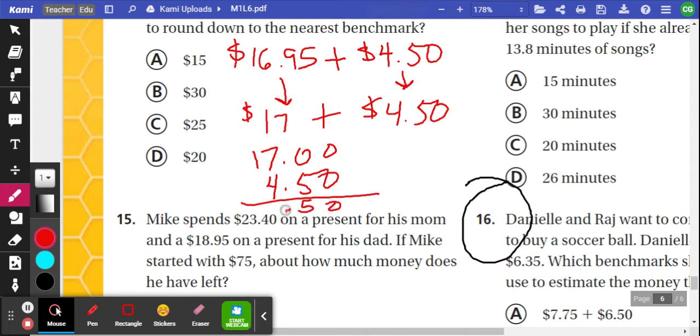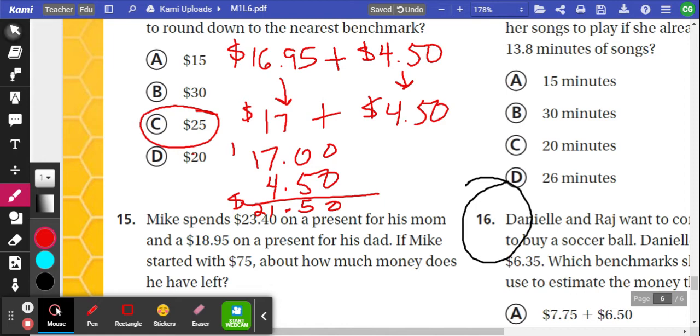I bring down my decimal, that's 11, and carry my 1, and that's 2. So that's $21.50. It said that we don't round down, so it's going to be 25. If I round down, it would be 20. The next one going up would be the 25. So the answer is C.